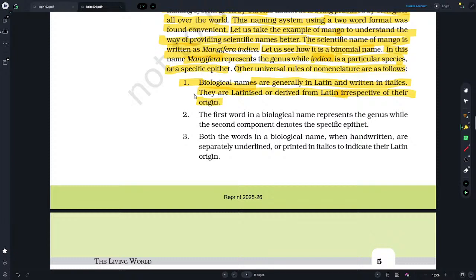No matter the country which found the new species, the name will always be derived from Latin, and if written, it will be written in italics. If handwritten, it should be underlined. If typed, it should be written in italics. The first word in a biological name represents the genus. The second component denotes the specific epithet.